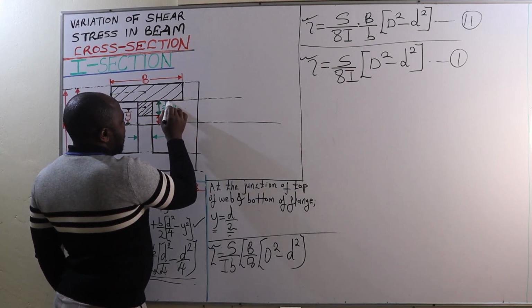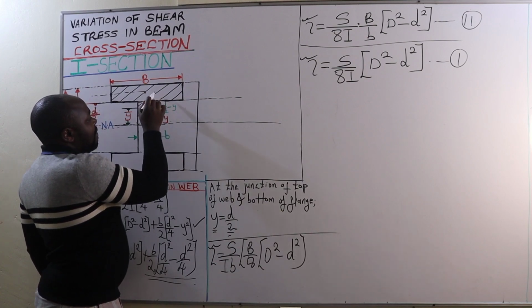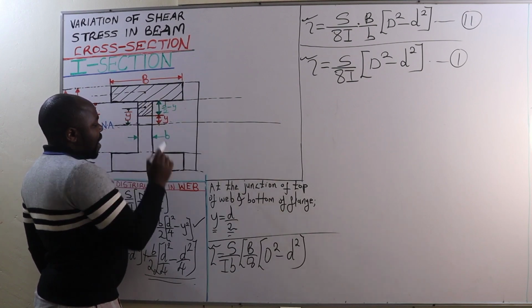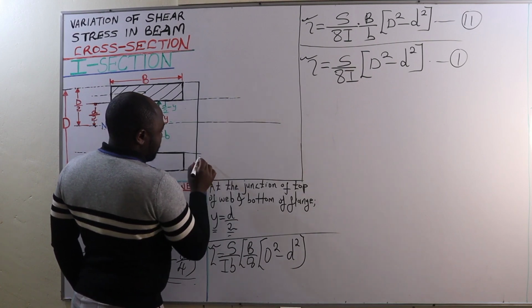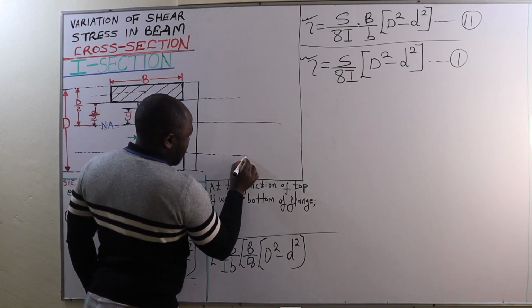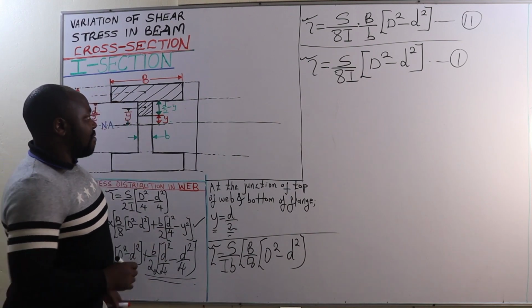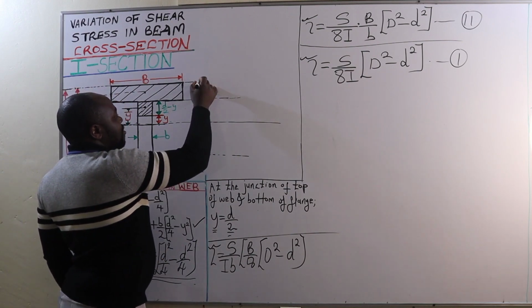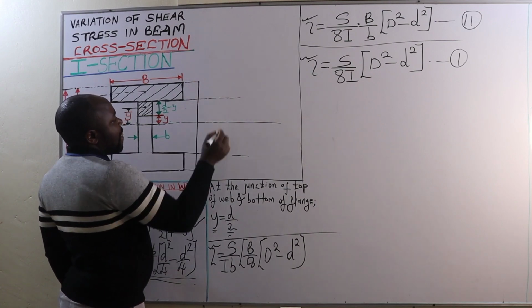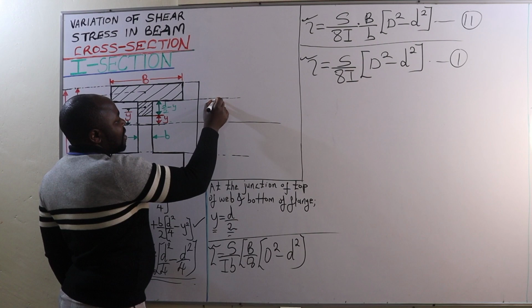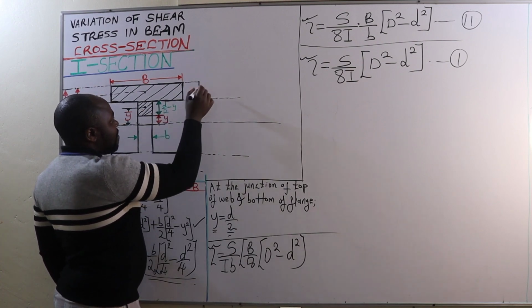This is the junction between the bottom of the flange and the top of the web. So going all the way up to that point, the same case down here.